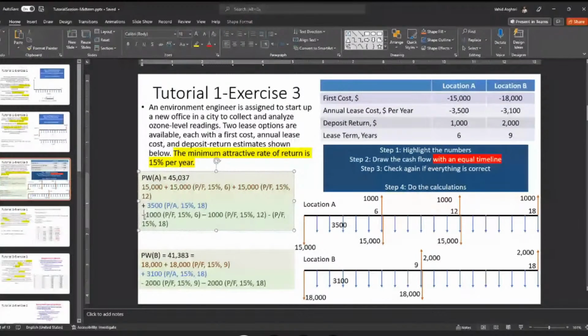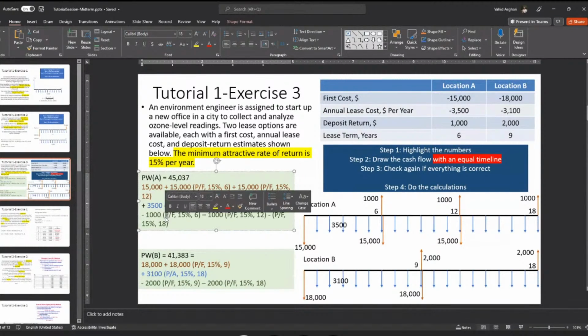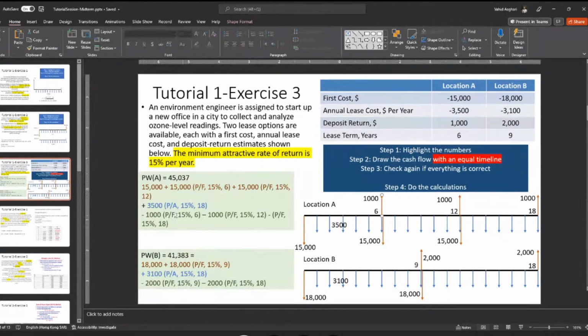Now we get our deposits from those investors or lessors, whoever they are. $1,000. We find its present value based on its future value. This is basically this one.